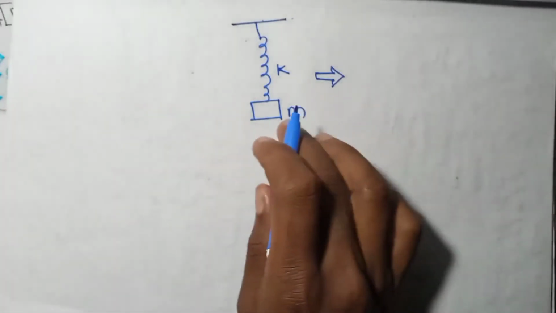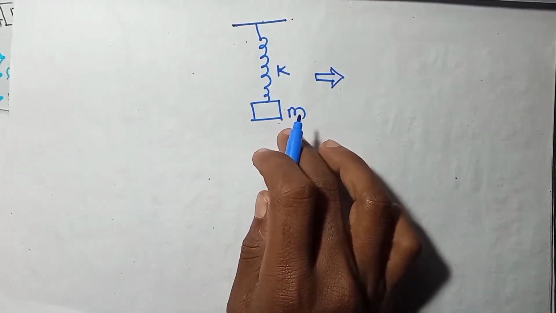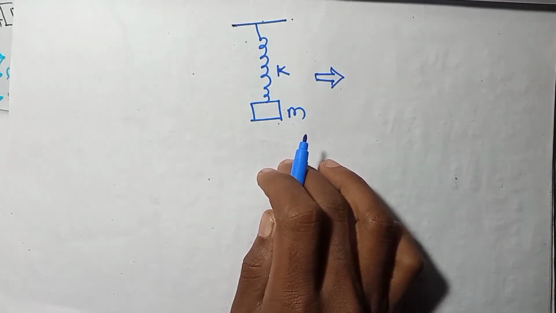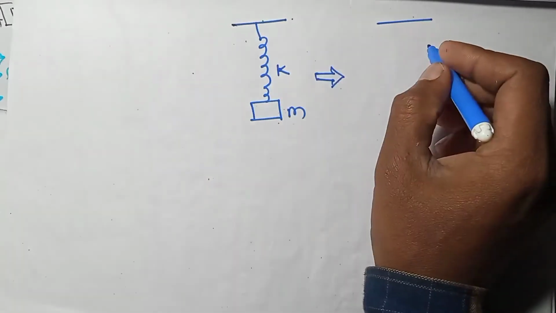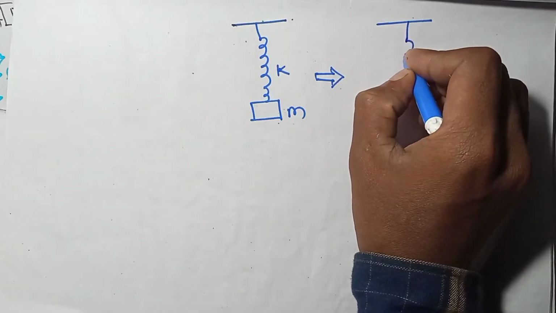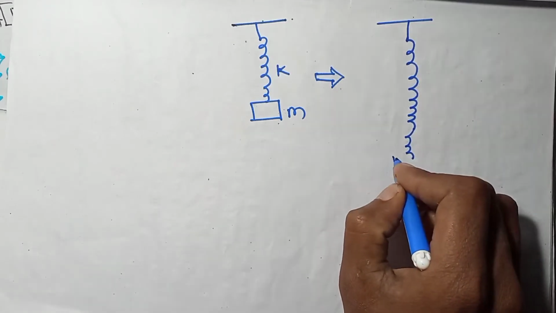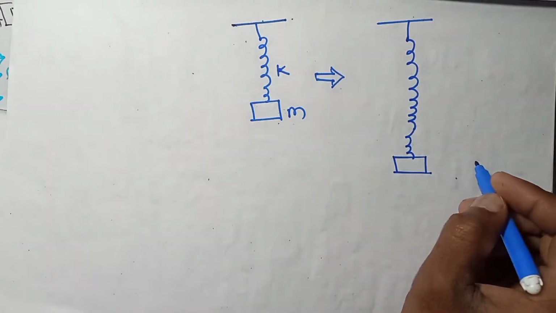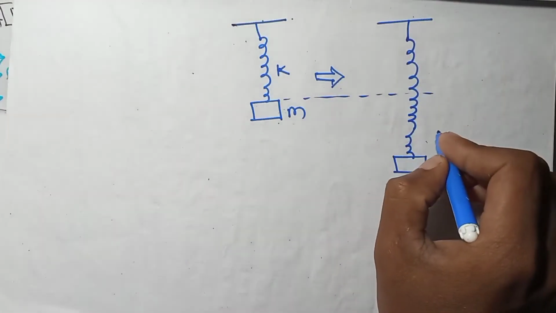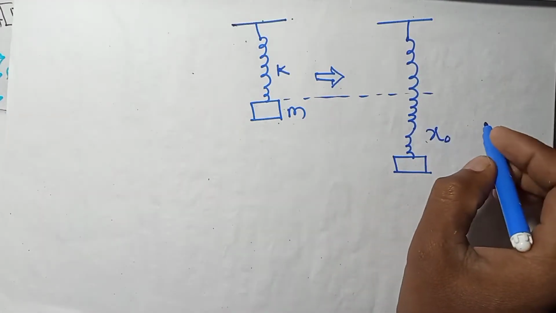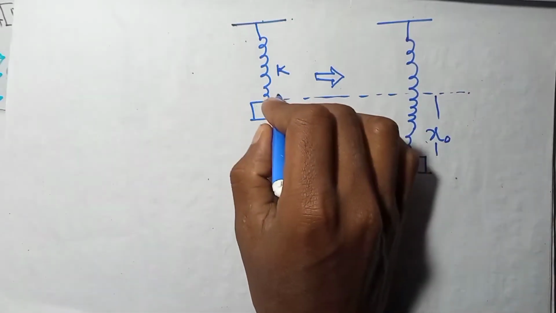At the equilibrium position this body will be displaced in the downward direction and the spring will be elongated. The picture at equilibrium position will be something like this. Let's say this body has displaced through an amount x naught from its natural position.